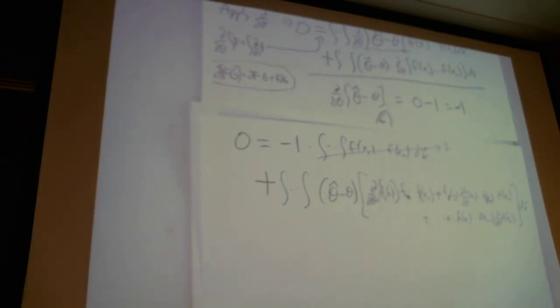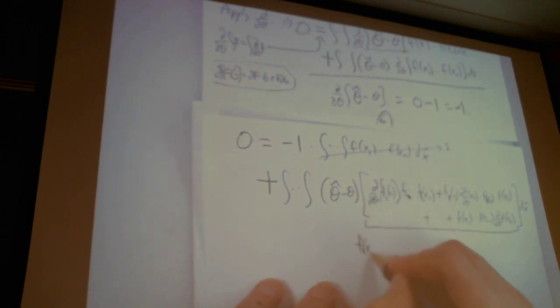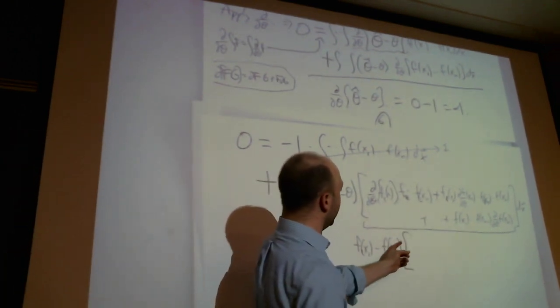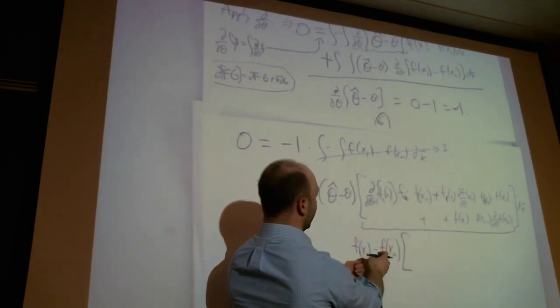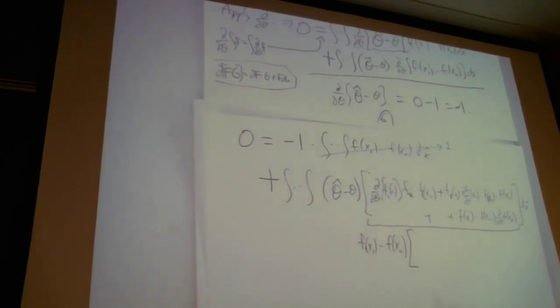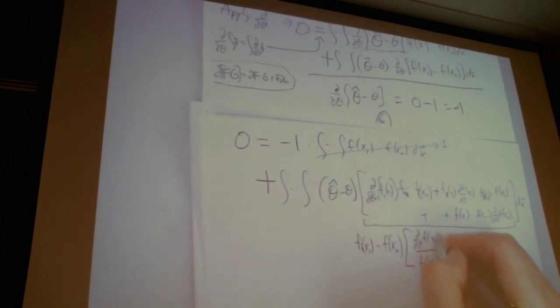I claim, so let's see what this is. In each case, let me pull out of this an f of x1 through f of xn. So if I pull out an f of x1 through f of xn, what am I left with in the first instance? These guys all got pulled out. There was no f of x1 to pull out, so I have to put it in the denominator. And what was left here was d/dθ f of x1.